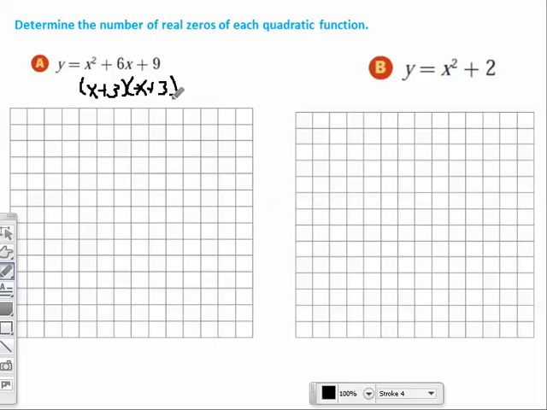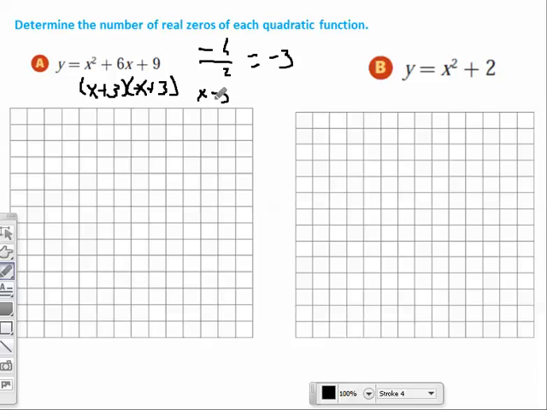Since they're the same values, that tells me that my axis of symmetry is probably going to be x equals 3, or x equals negative 3. Let's try that. My axis of symmetry is negative 6, divided by 2 times a, which is 2, which is equal to negative 3. That doesn't make any sense. Okay? And my roots here are going to be at x equals negative 3 as well.